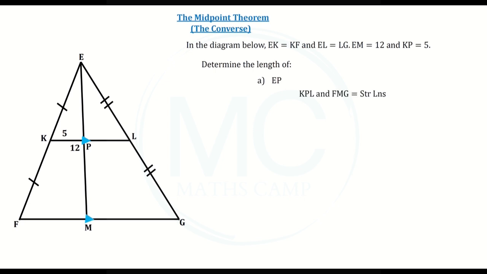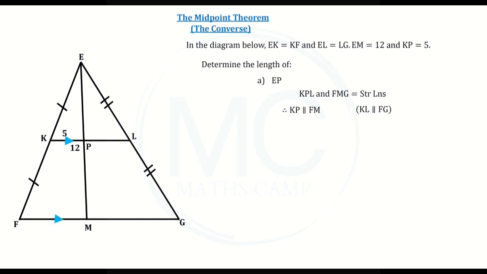This means that KP must be parallel to FM because the whole line KL is parallel to FG. So let's move our blue arrow on line KL to the section on KP, and we can move our other blue arrow on FG to the section on FM.